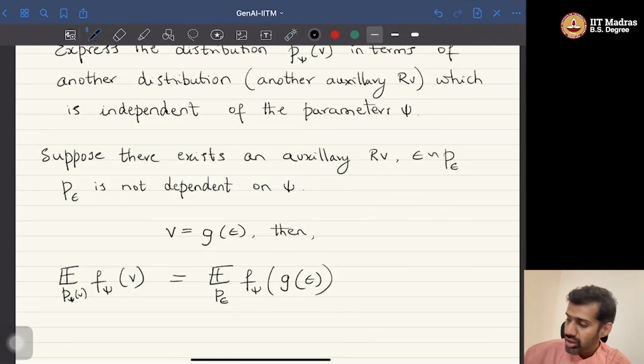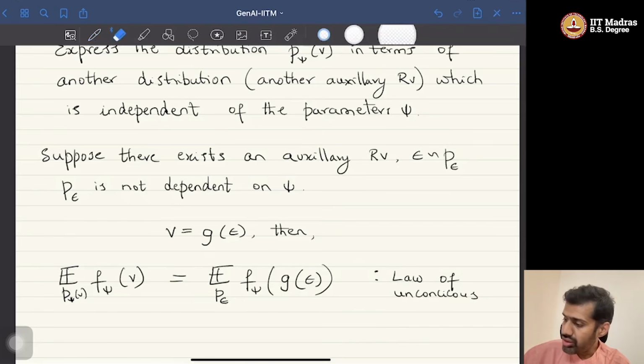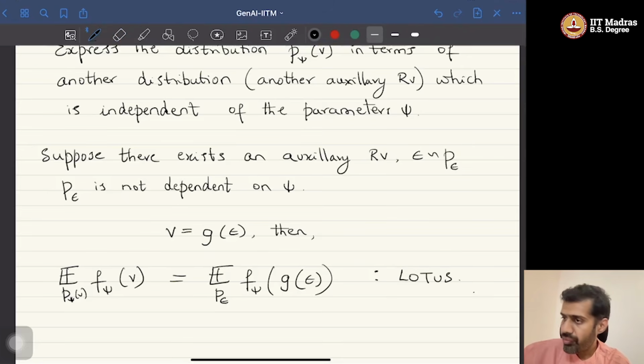So this result is a known result in statistics. This is called the law of unconscious statistician, or abbreviated as LOTUS. Okay, right.